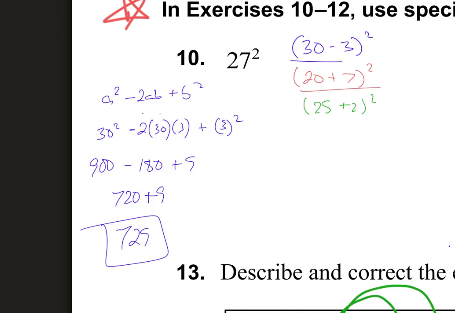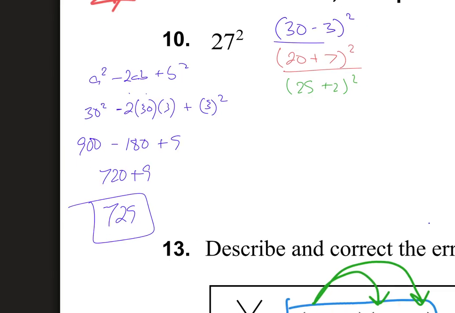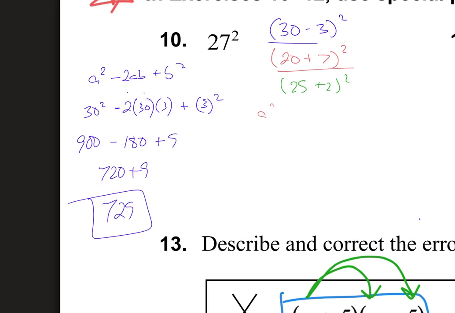Now let me do the red one just so we can compare the two different ones. So this is going to be a squared plus 2ab plus b squared. Why is it plus? Why am I making that emphasis? Because this one is minus, so that's a minus. This is addition, so that's addition. 20 squared plus 2 times 20 times 7 plus 7 squared.